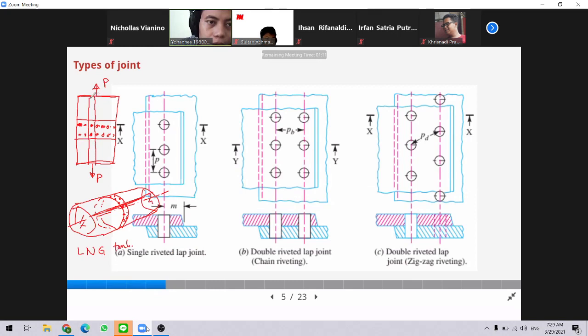We can take only this part in our calculation, and it contains only a single row of rivet like this. It can contain only a single or double rivet. It can contain one rivet or two rivets.